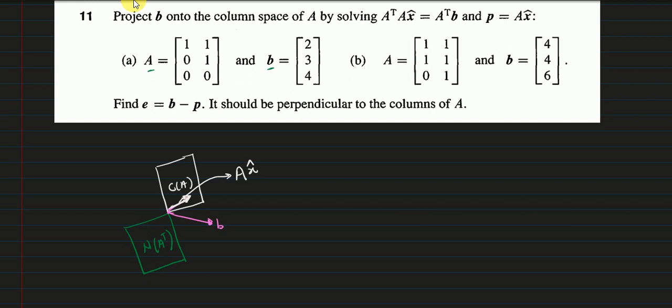This X hat that we are taking, what combination of the columns, is unknown to us. That is the one goal that we will find.